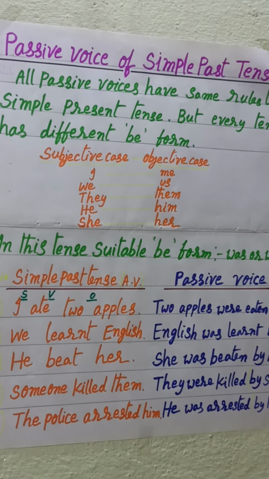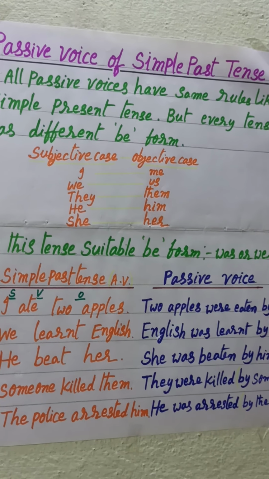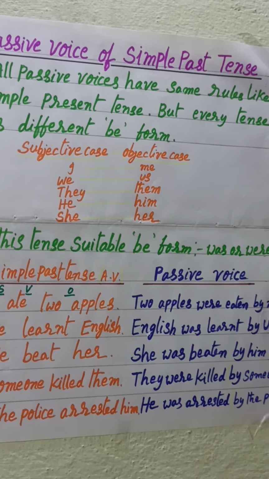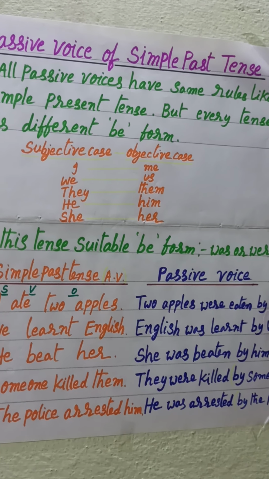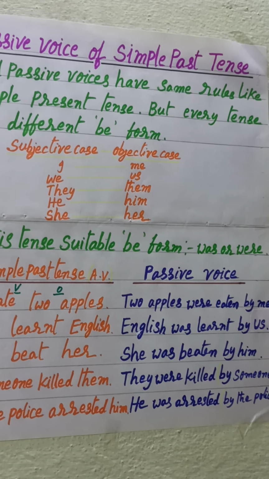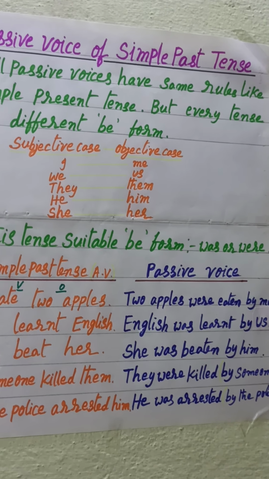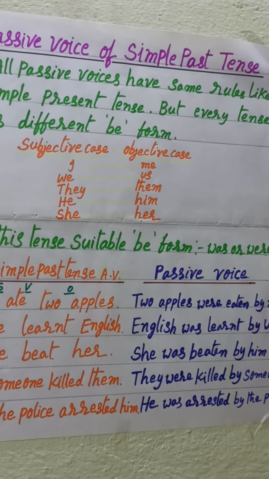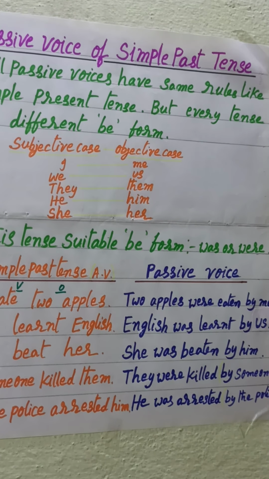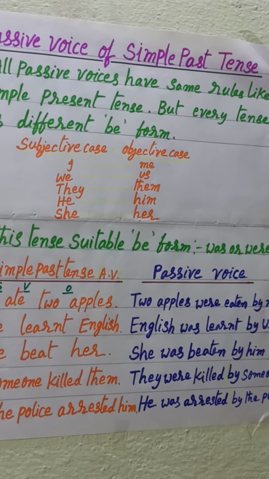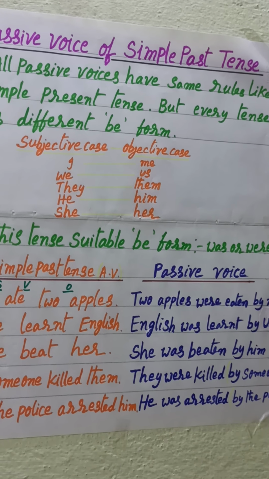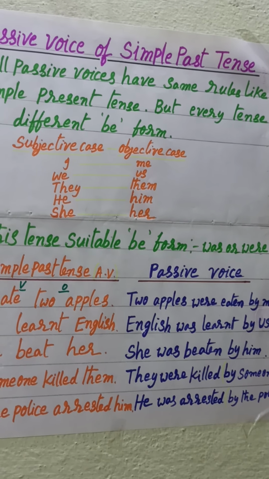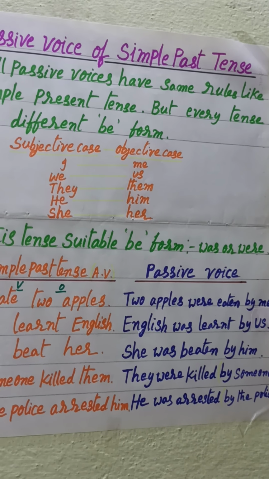Fifth sentence: the police arrested him. The police is subject, arrested is verb, him is object. V1 is arrest, V2 is arrested, V3 is also the same, that is arrested.